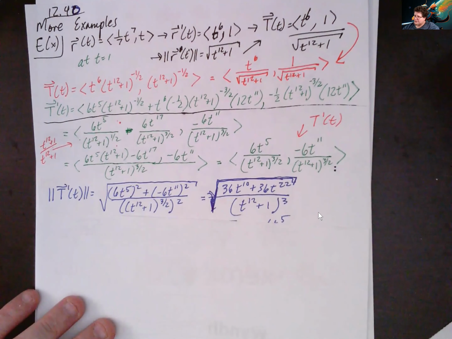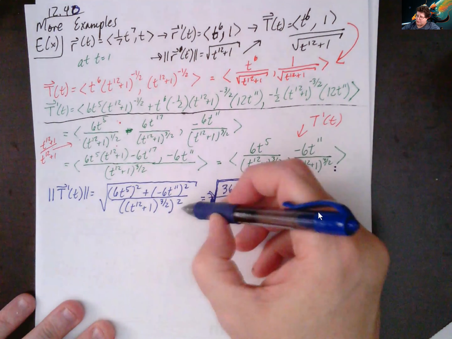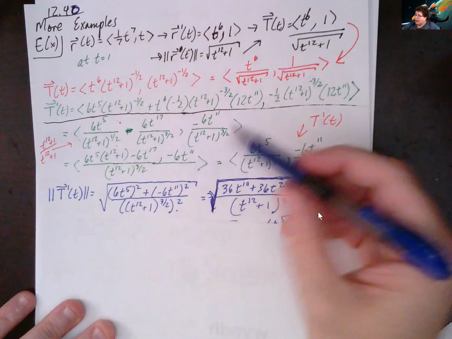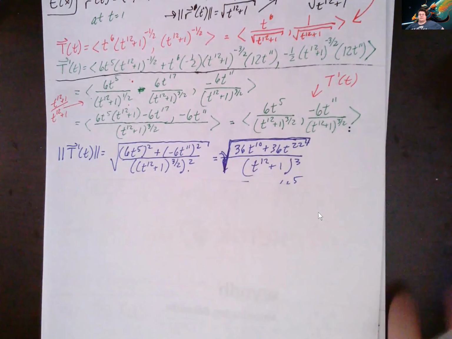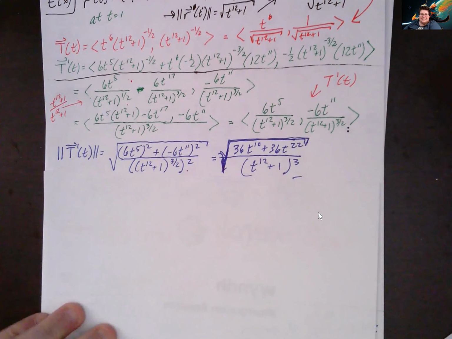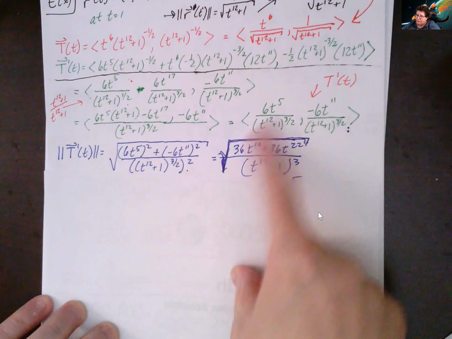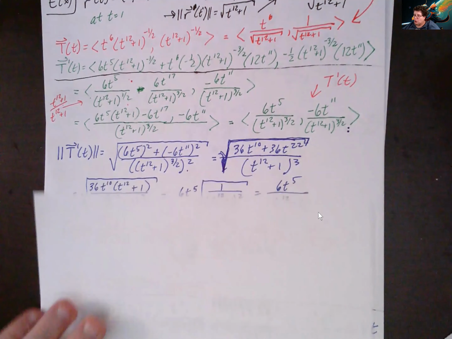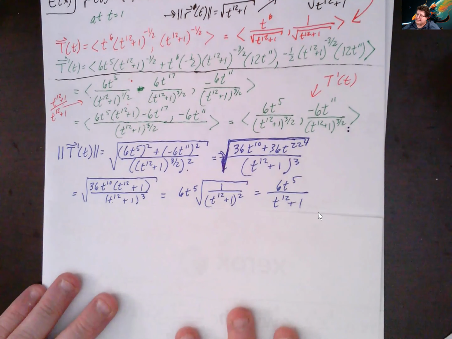Let's just figure out what the magnitude is. Since they're the same on bottom, I could just square the bottom and put it together as one fraction. And the top squared, 6t to the 5th squared and negative 6t to the 11th squared, gets me 36t to the 10th plus 36t to the 22nd. The bottom is t to the 12th plus 1 cubed. We still got a square root. So the numerator has a common value, 36t to the 10th.